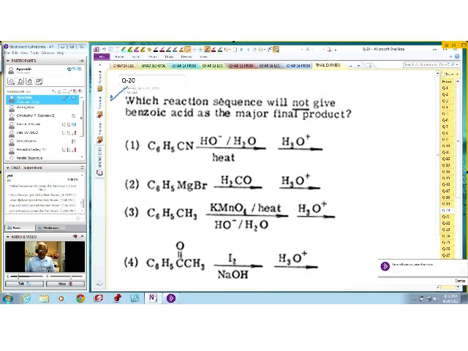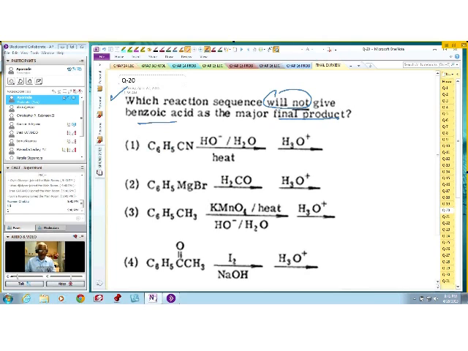Okay, very good, and thank you. So for this problem here, they are asking which reaction sequence will not give benzoic acid as a major final product. So these are the reaction sequences here.